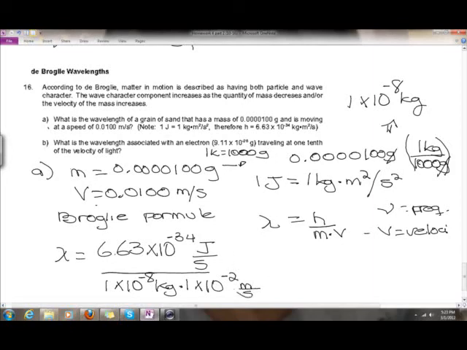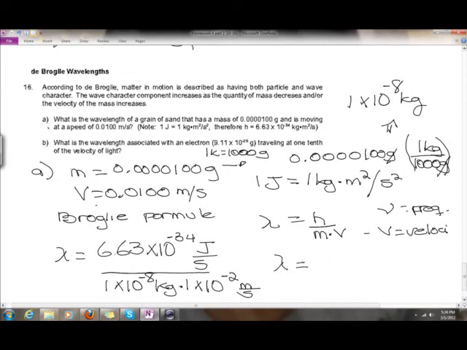Now, wavelength would be given in joules. But instead of using joules, let's plug in this value so we can get rid of the kilograms. And what are we trying to accomplish? Wavelength is given in meters or nanometers or centimeters. We want to accomplish those length units.